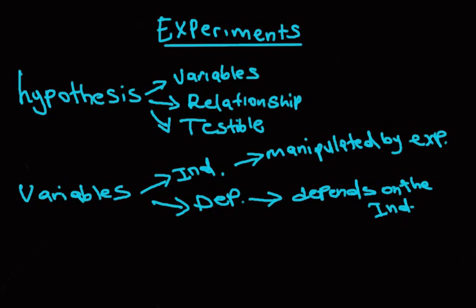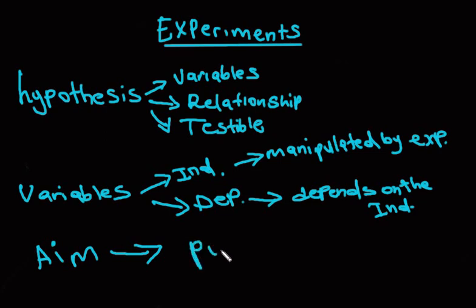Then the aim, when they say write the aim of the experiment. The things that you need to consider, or what you need to understand about the aim. This one is easier.